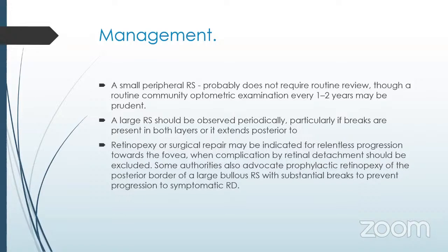Retinopexy or surgical repair may be indicated for relentless progression towards the fovea, when complications by retinal detachment should be excluded. Some authorities also advocate prophylactic retinopexy of the posterior border of large bullous retinoschisis with subretinal breaks to prevent progression to symptomatic RD.